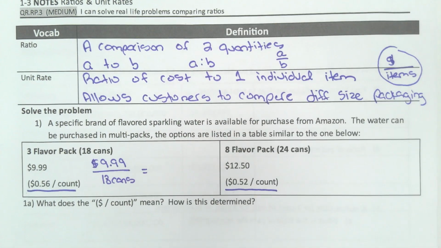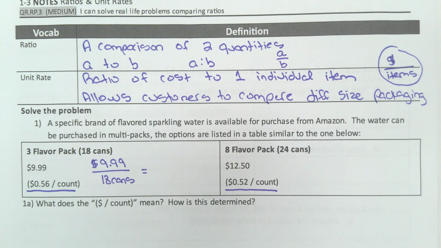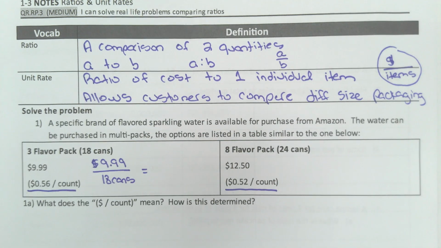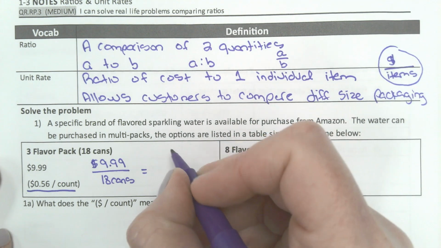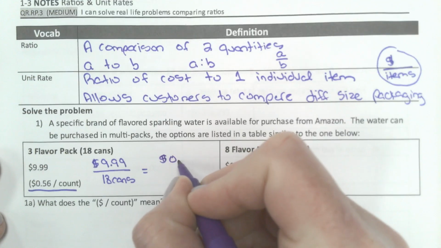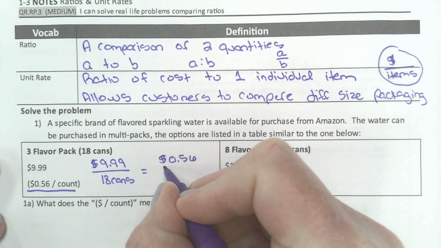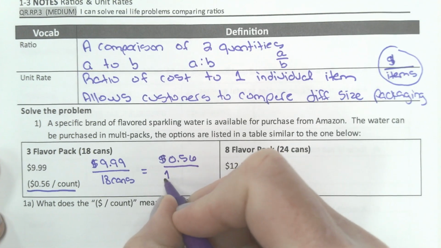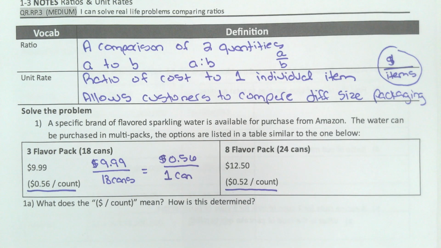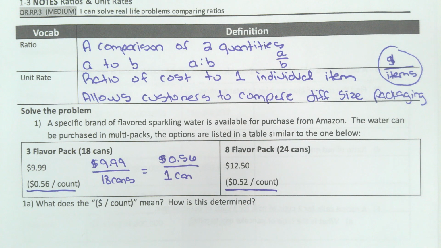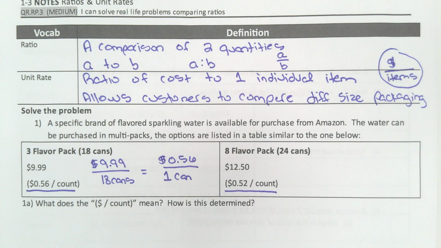So when we're wanting to do this, we're wanting to figure out the cost per one can. So if in your brain or calculator you go top divided by bottom, and then I'm going to hit the pause button while you figure out the other one.